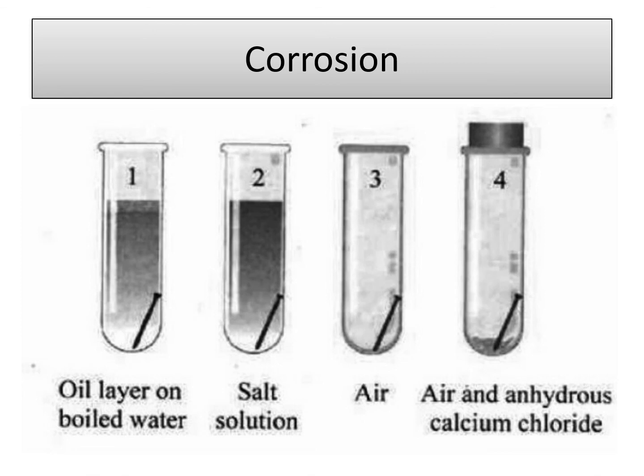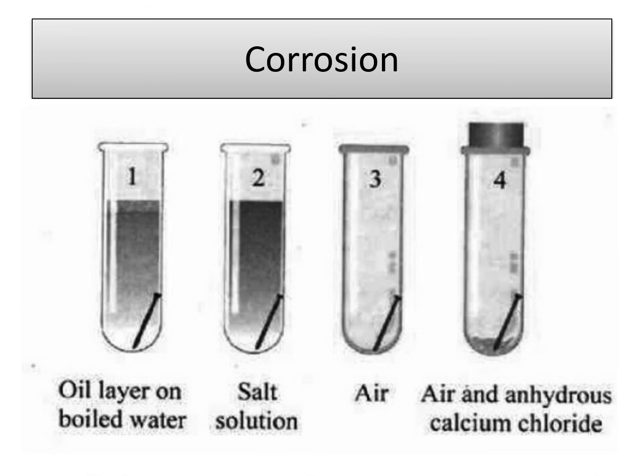If you carefully look at it, we will see rusting of the iron in the second and the third test tube. In the second test tube, the salt solution causes the rusting to happen. And in the third test tube, the air is in contact with the iron nail, so there also you will see corrosion.